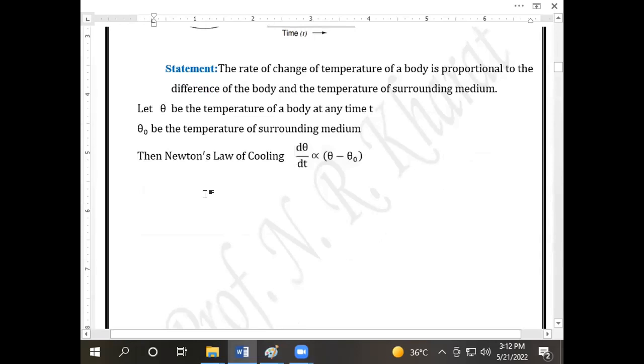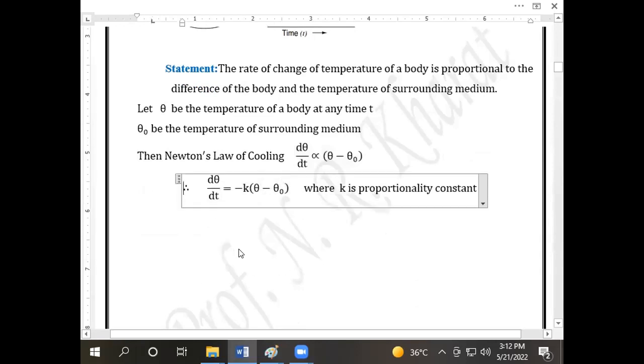When this proportionality is converted into an equation, it becomes d theta upon dt equals minus k times theta minus theta naught, where k is the constant of proportionality.